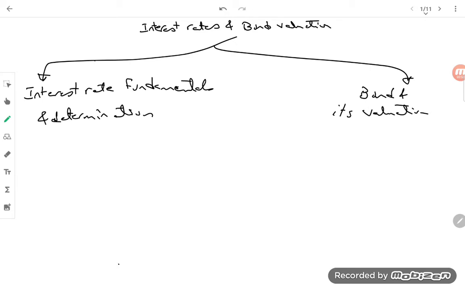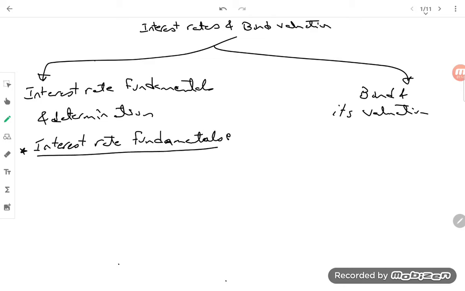Let's start with the first part, which is interest rate fundamentals. What's interest rate and what is the required rate of return?